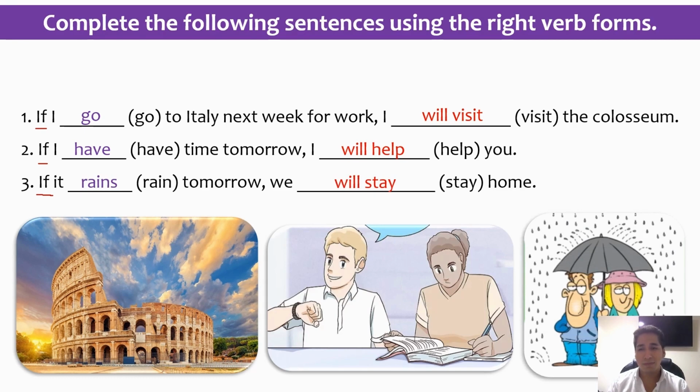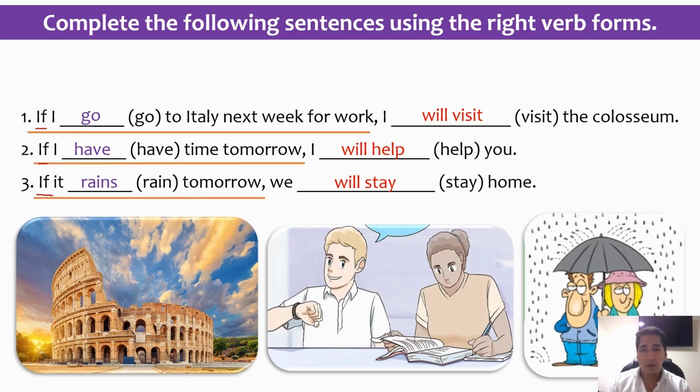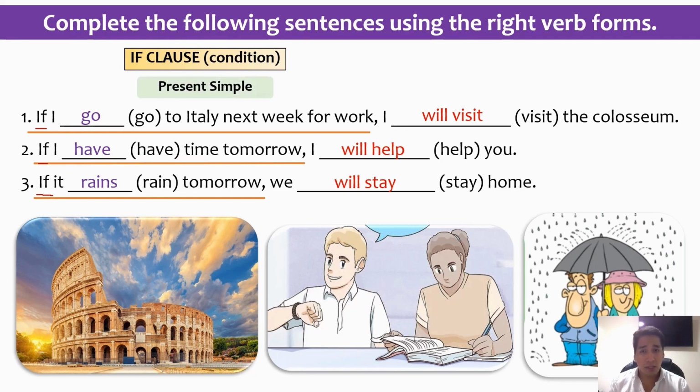So as I said before, guys, take a look. All of these first clauses: if I go to Italy next week for work, if I have time tomorrow, if it rains tomorrow, all of them are what? The famous if clauses. In other words, the clauses in which we have the conditions. And if we are talking about this clause, then you know that we need to use the present simple.